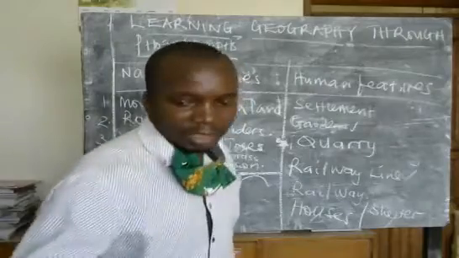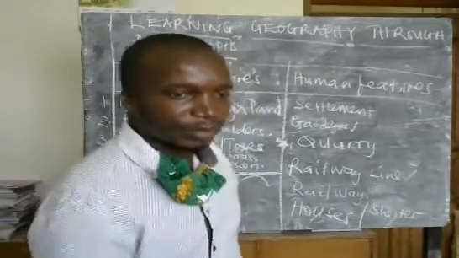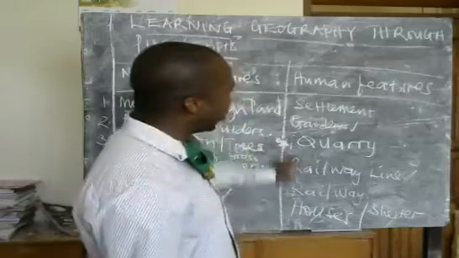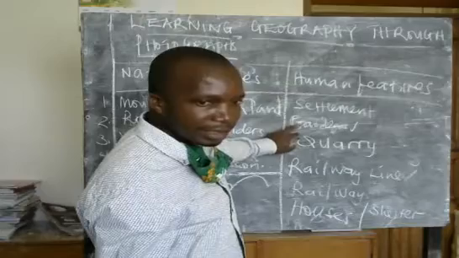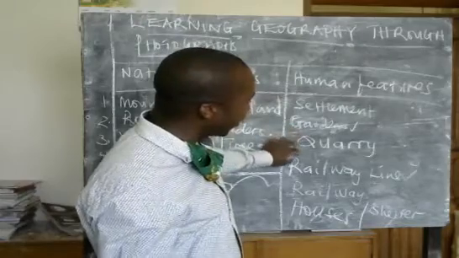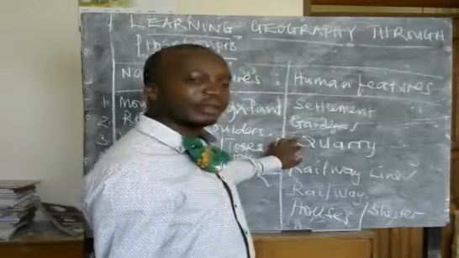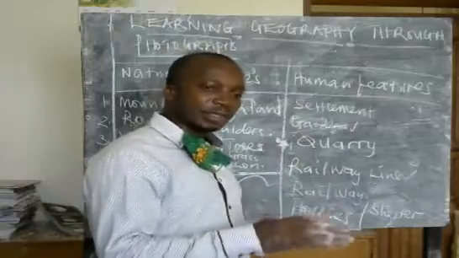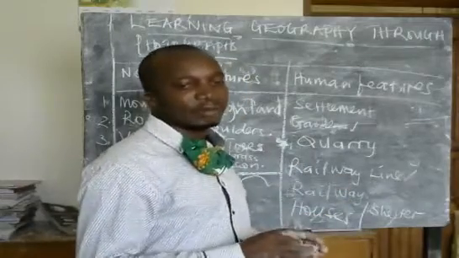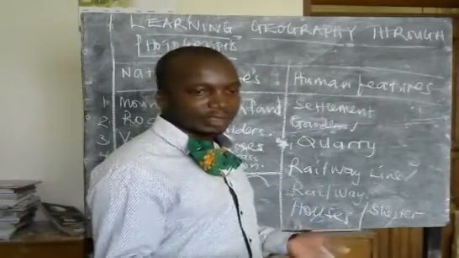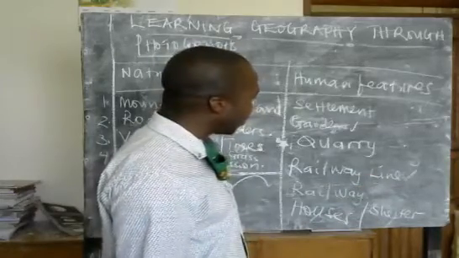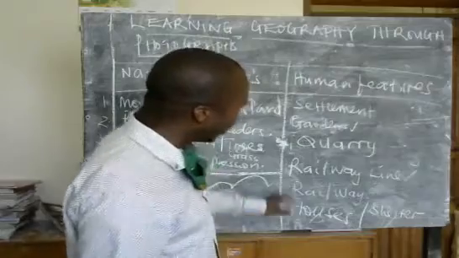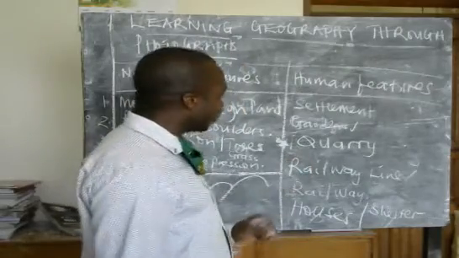So those happen to be our human features. We have the settlement, we have the gardens, we have a quarry. I have said a quarry is a place where rocks are broken down into smaller pieces and thereafter taken for use either in construction or coming up with culverts.